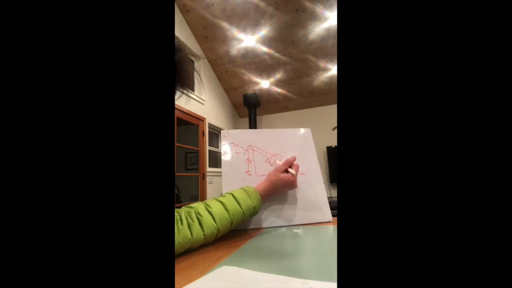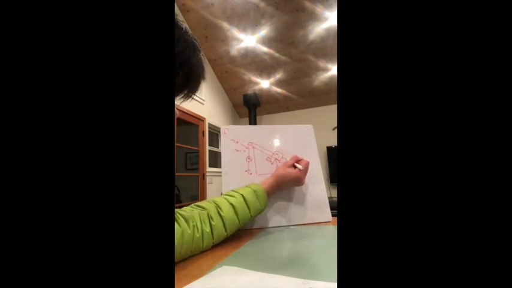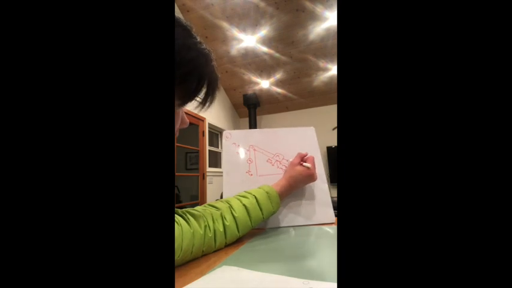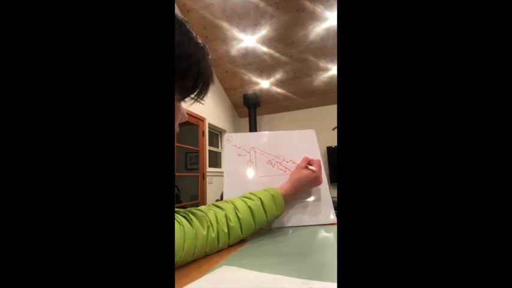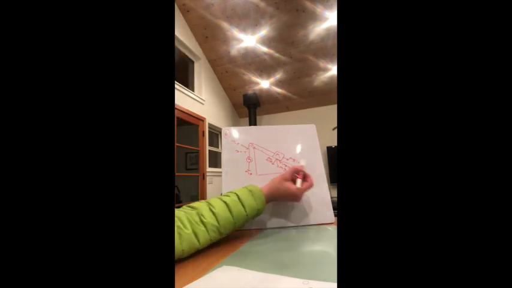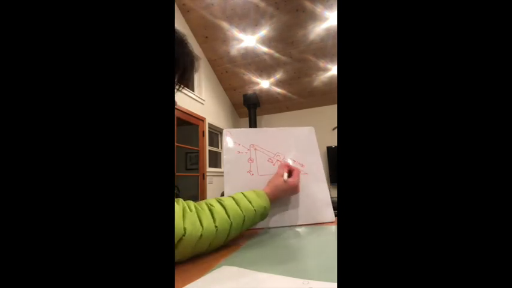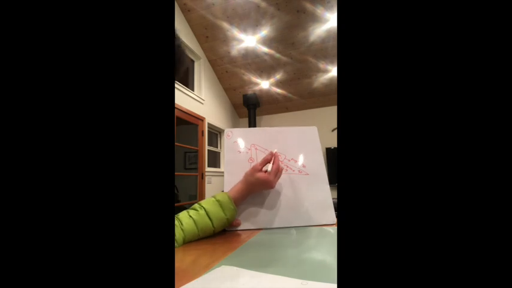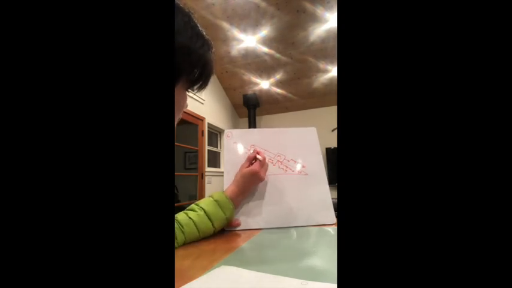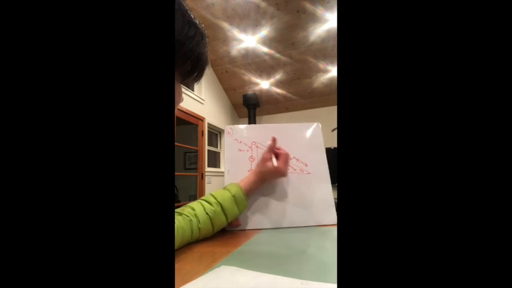We don't really need to worry about this, but this downwards force of m1g times sine 30, where 30 degrees is the angle here, is what's going to be pulling in this direction. And we know that in a frictionless pulley, the tensions will always equalize. So on this side, I should have said it earlier, this is also going to be m2g.